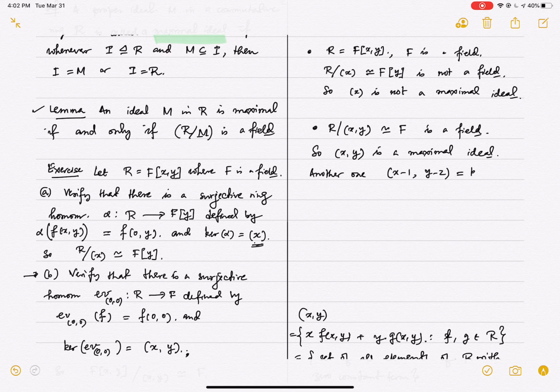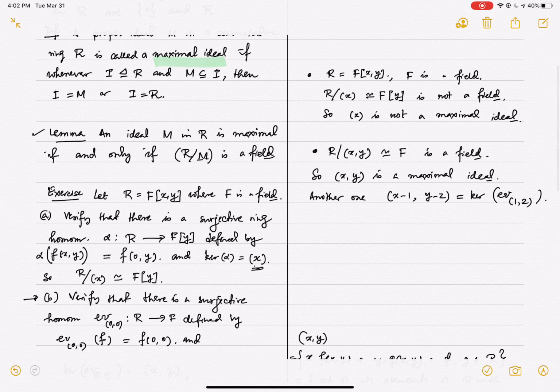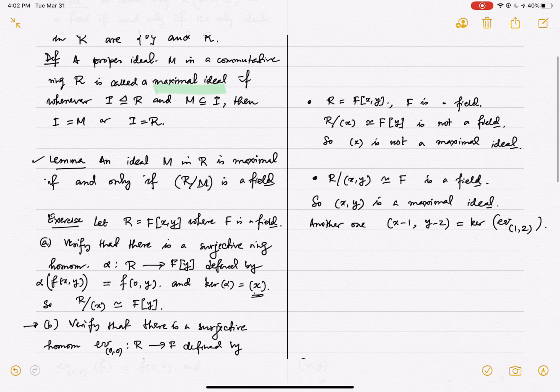You can check that this is the kernel of the evaluation at (1,2). Instead of evaluating at (0,0), you can evaluate at (1,2), and that also gives you a surjective homomorphism from R to the field F. So these are some maximal ideals in the two-variable polynomial ring.